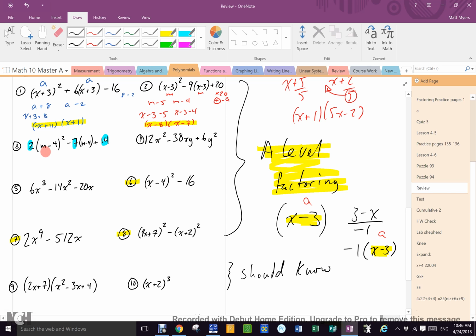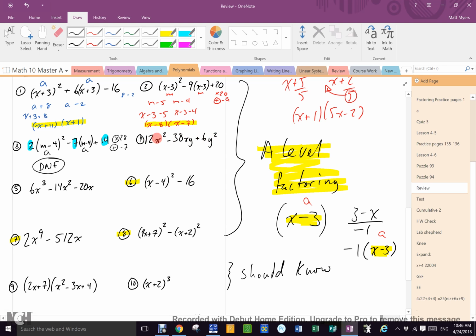You made that a. And then you had 2 times 14. You needed to multiply to 28 and add to negative 7. What was it? It doesn't factor. I put it in on purpose. Don't force it if it doesn't work.